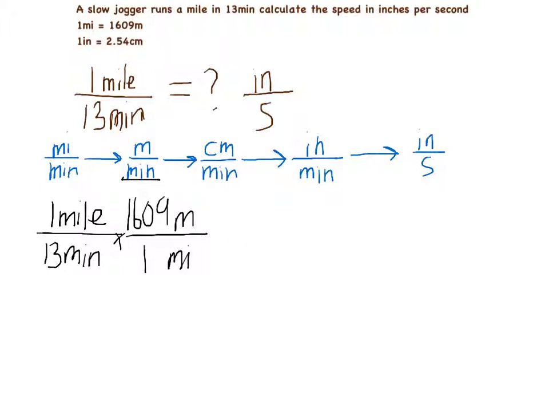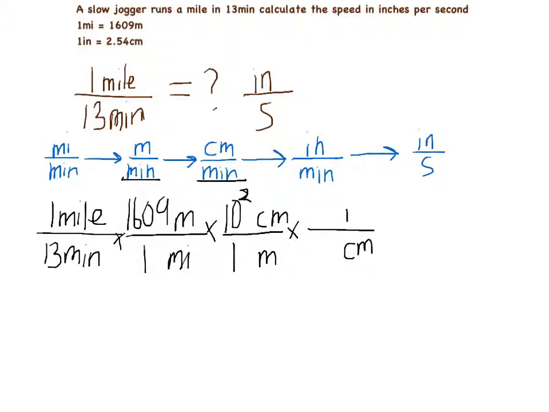Okay, now we got to go from meters per minute to centimeters per minute. So meters at the bottom, centimeters at top. Now you should know 1 meter is 10 to the second centimeters. That's something you memorize. Okay, now we're right here in the plan. So we keep going to inches.